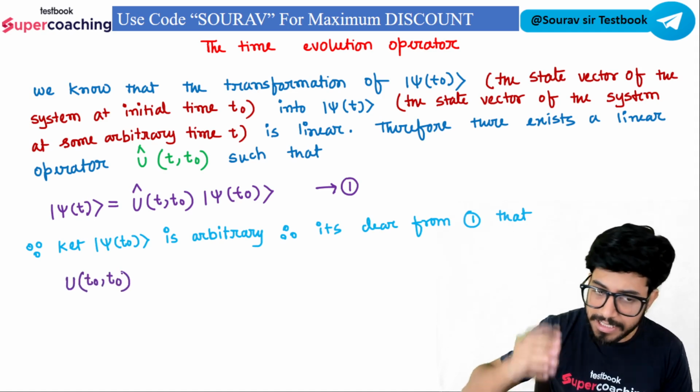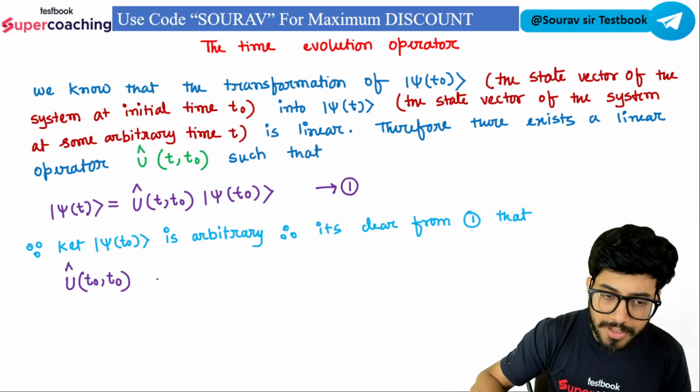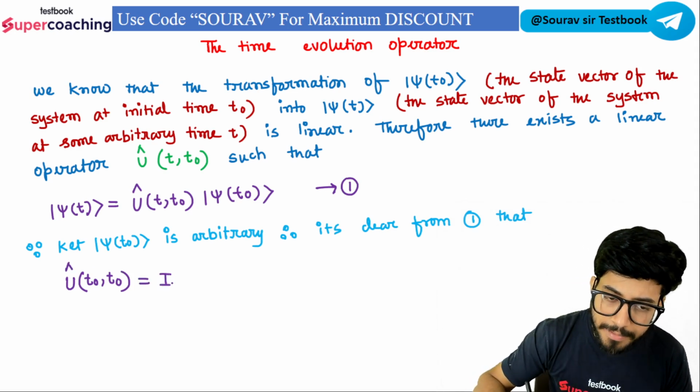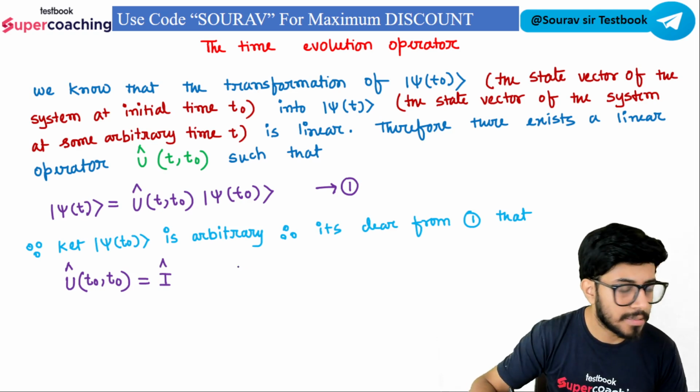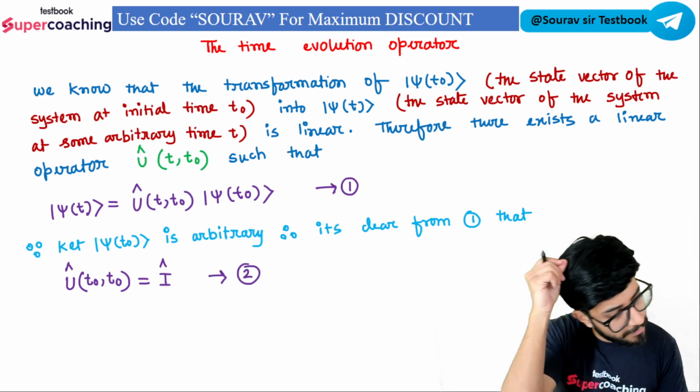If the state is at t0 and you want to transform it into t0, it should be equal to just the identity operator I cap. Equation number 2. It's a good thing.